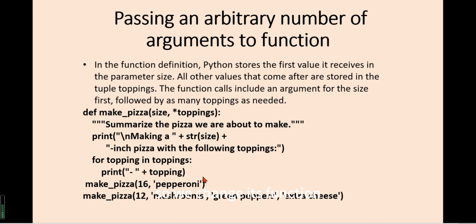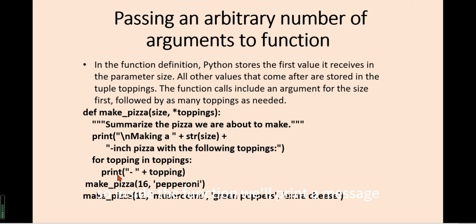So we change this function to have 2 parameters. First is the size, no asterisk, so this is a positional parameter. Next is *toppings, which will accept as many arguments as possible after the first argument assigned to the size.